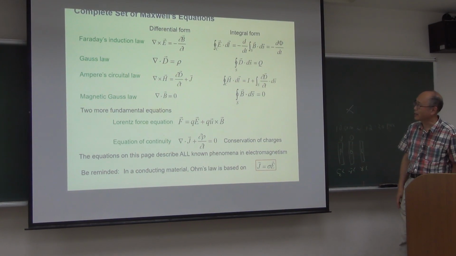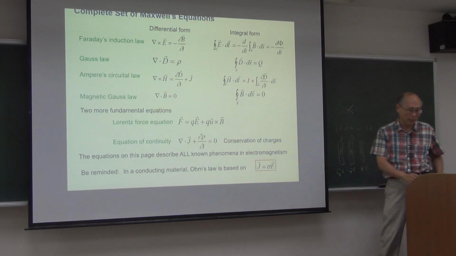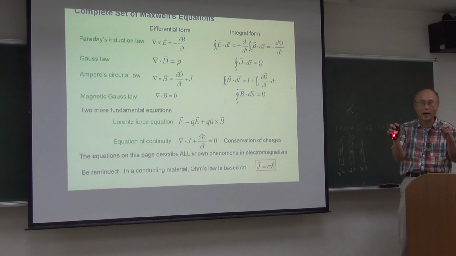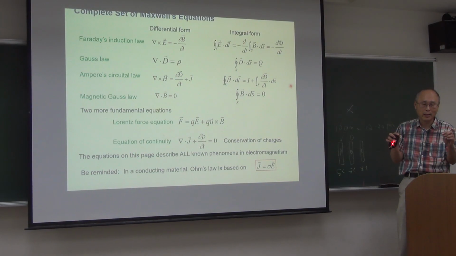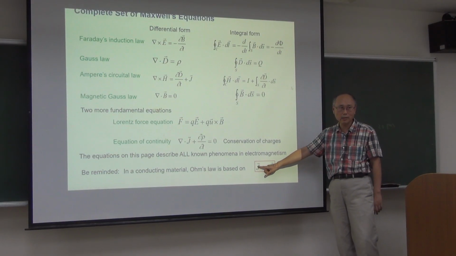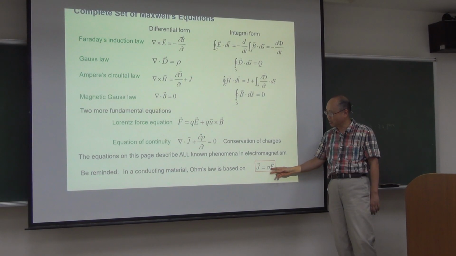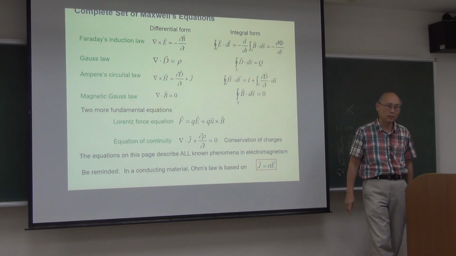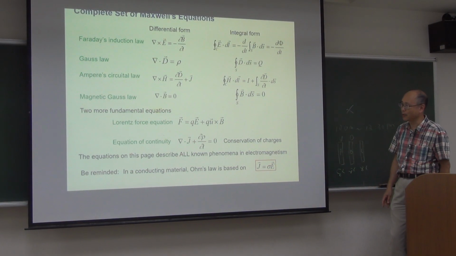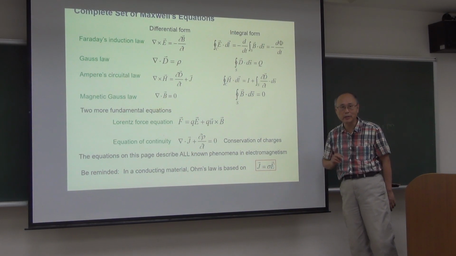And then if it's an ohmic material, well, we deal with a lot of ohmic materials, for example, a piece of wire, then if you run current through, the current density is going to be linearly proportional to the electric field. And we call this the ohmic law, the relationship between current and electric field.